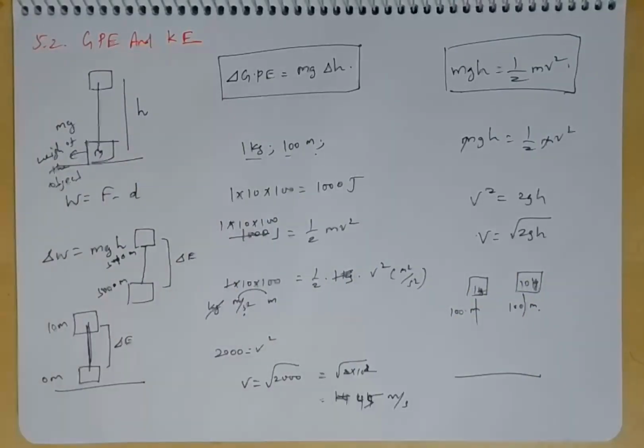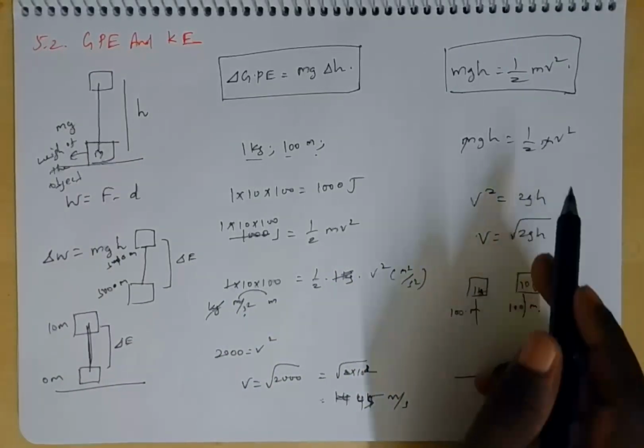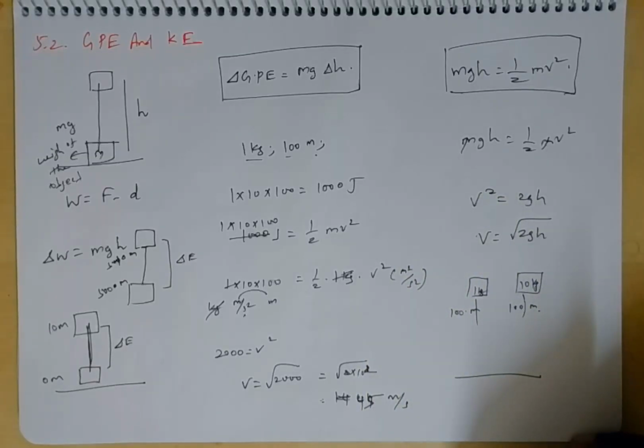What is the velocity they will reach on the ground using this equation? Same, because it is independent of their masses, because mass gets cancelled.